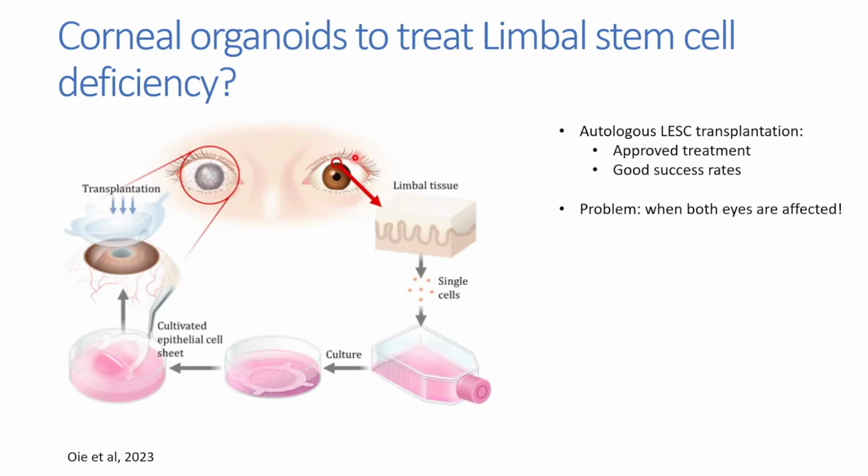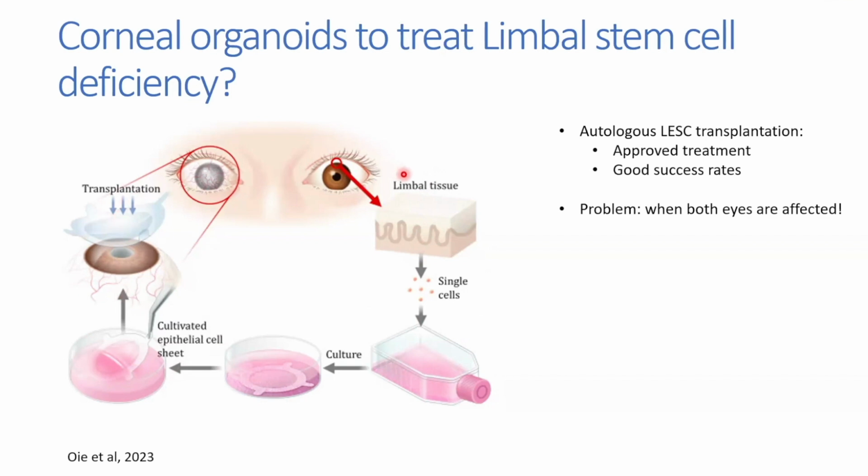So what the treatment does is you take a small biopsy from the good eye, you take out the cells, and you grow and expand them into this sort of scaffold. Then this scaffold is, of course, validated, everything is checked, and then it's put back into the bad eye.